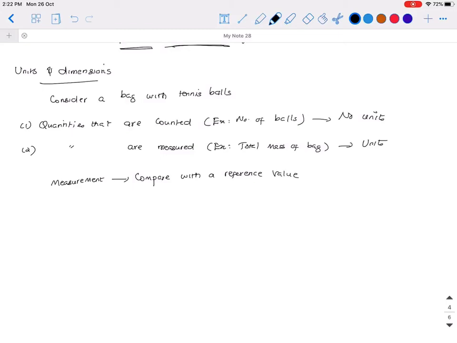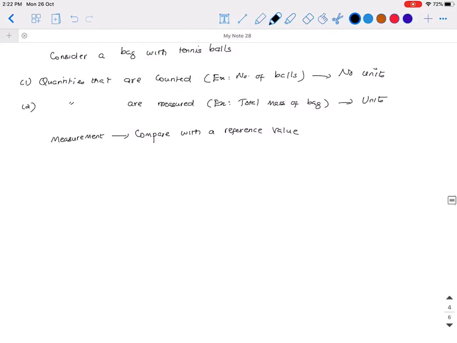For example, we defined what 1 kilogram is. That is the reference value to measure mass, and the mass of any object is measured with respect to this reference value. So this unit is a human invention, but the dimensions are more fundamental.